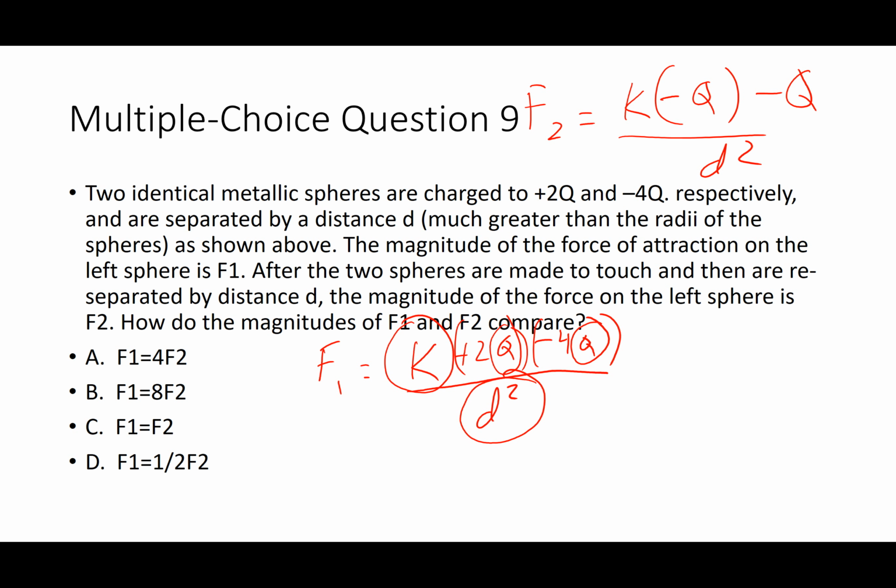So I'm just going to call that quantity K Q squared over d squared, and I'm going to call that just X. If I do that, I can rewrite this equation as negative 8X, and I can rewrite the equation on top as plus X. So what I'm hoping that tells you is that F1 is essentially 8 times bigger in magnitude than F2.